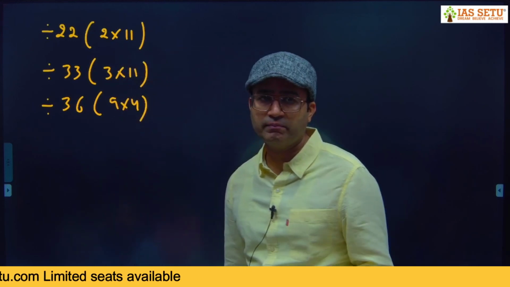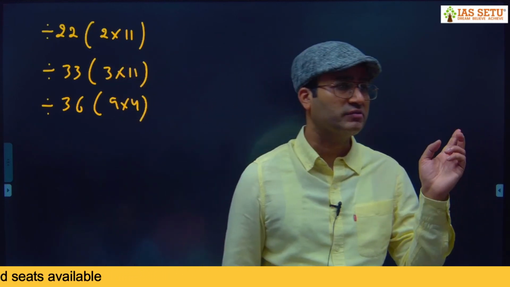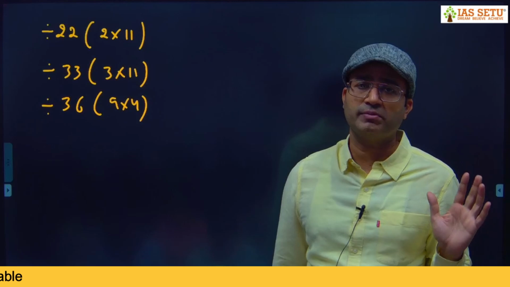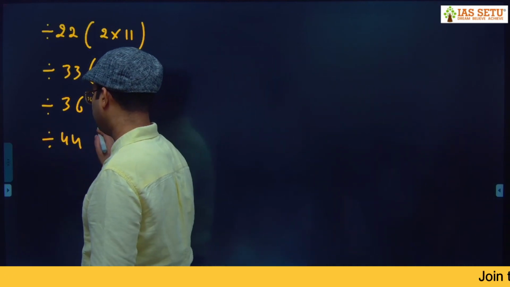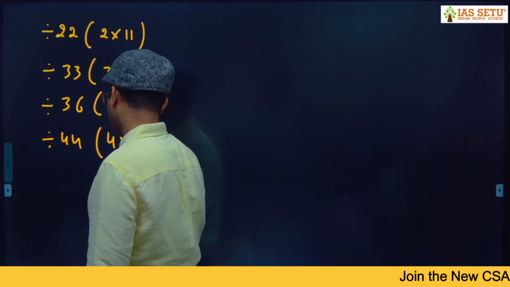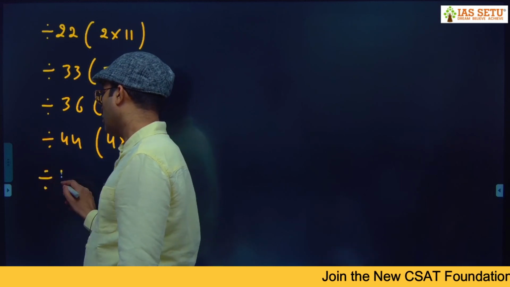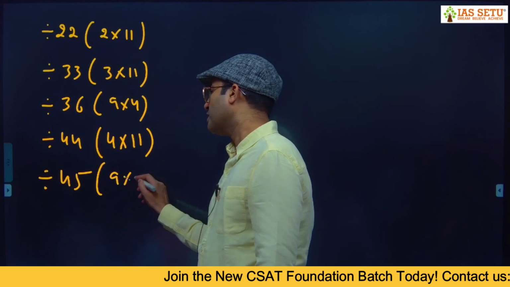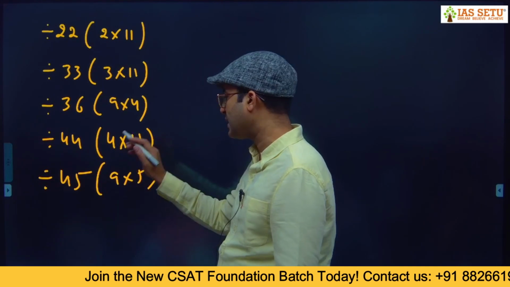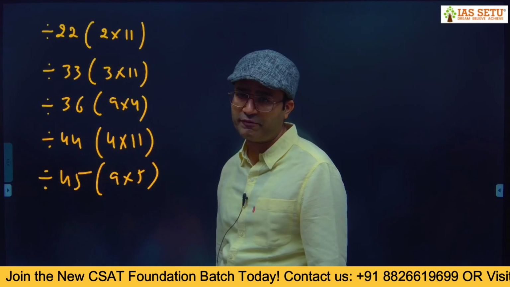If any number is divisible by 9 as well as 4, it has to be divisible by 36. 44: 11 and 4. 45: 9 and 5. If any number is divisible by 9 as well as 5, it is divisible by 45.